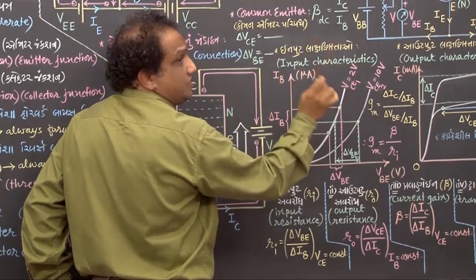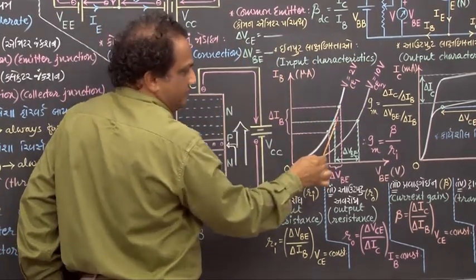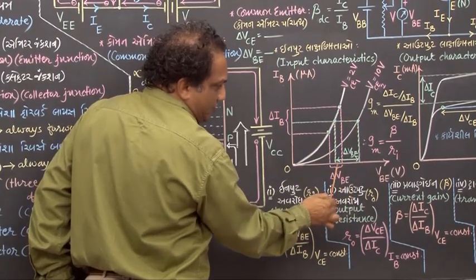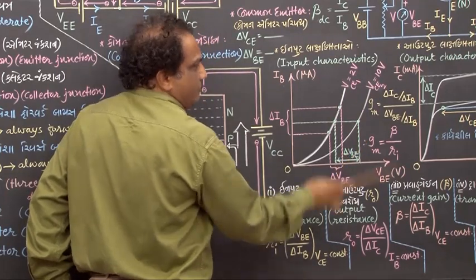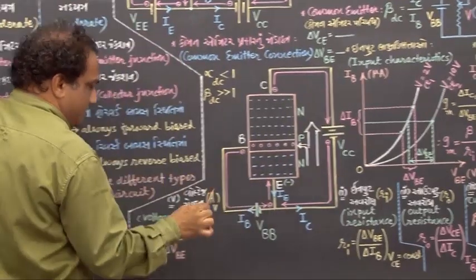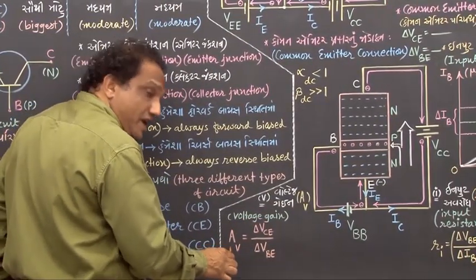So 10 minus 2, that is 8 volts. So you can come to know about delta VCE. And corresponding to these 2 points, draw these lines and you find out this much change in voltage, that is delta VBE. Once you know delta VBE and delta VCE, you can put their values here, correct? You can find out voltage gain.